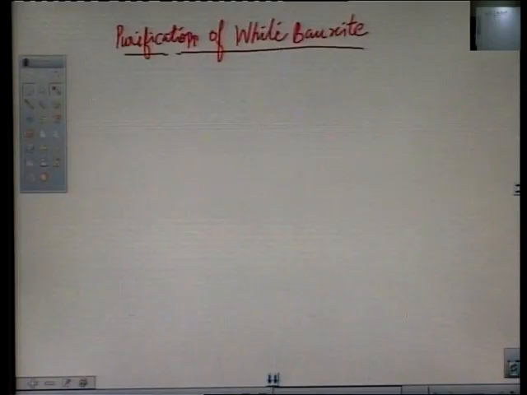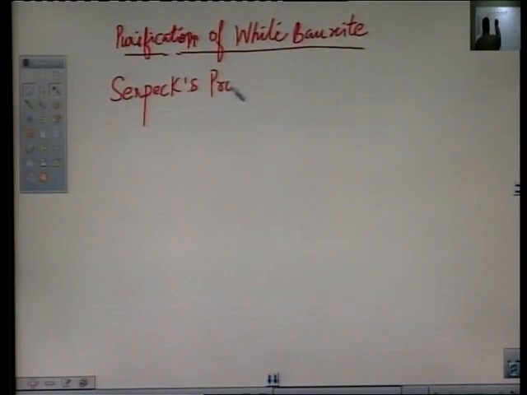For purification of white bauxite there is the Serpek process.